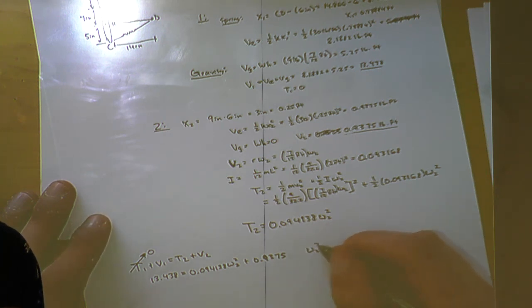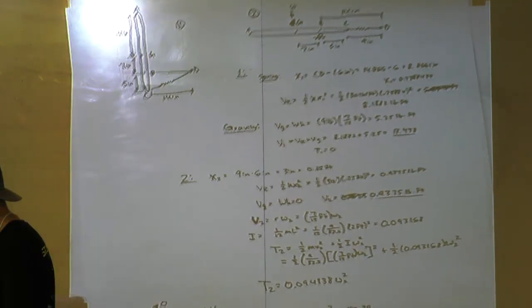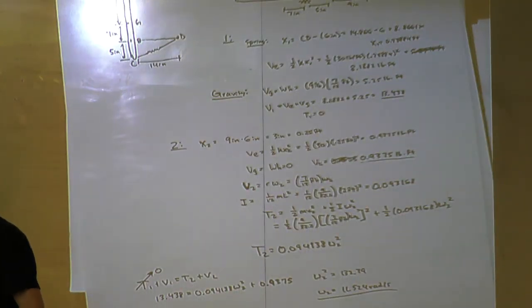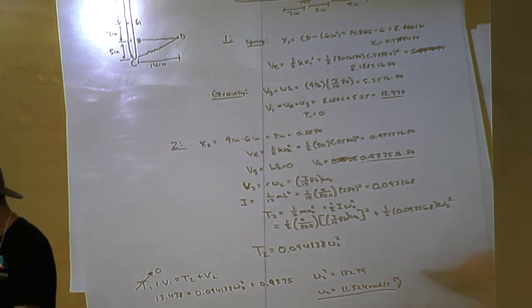So our angular velocity squared comes out to 132.79. Square root of that is 11.524 radians per second. And that is the answer. Oh, and it's going to be counterclockwise.